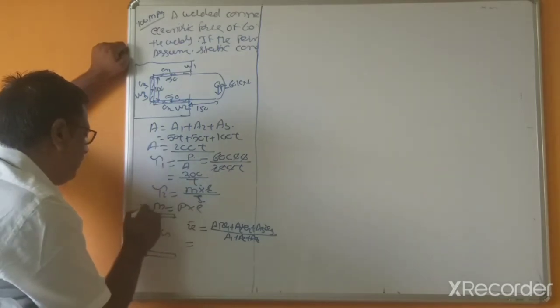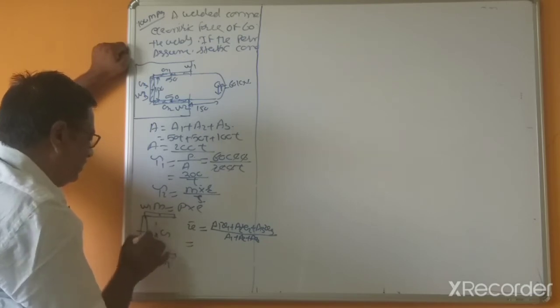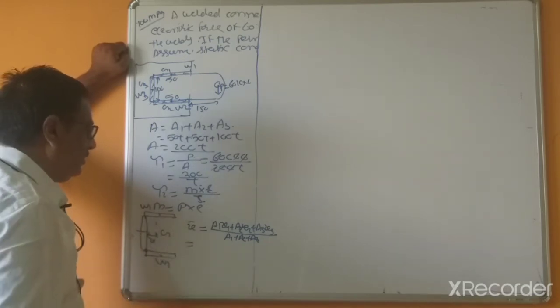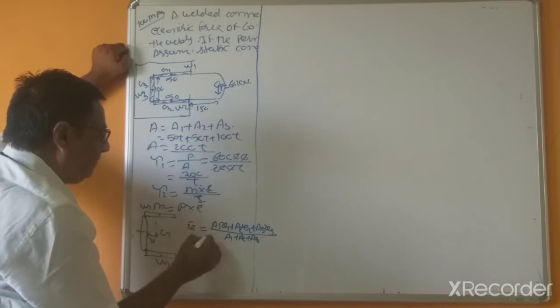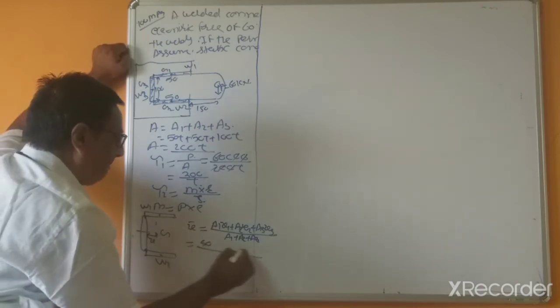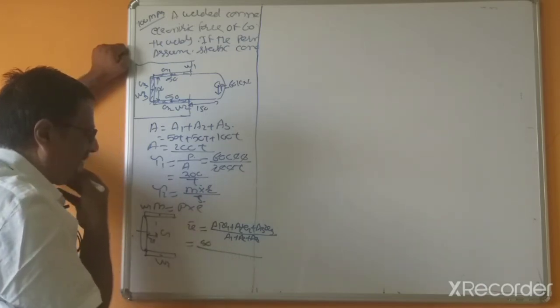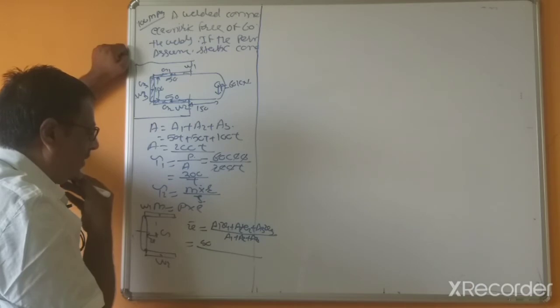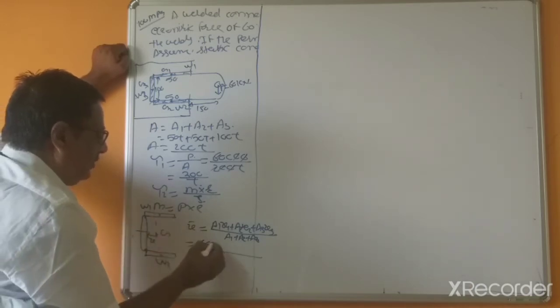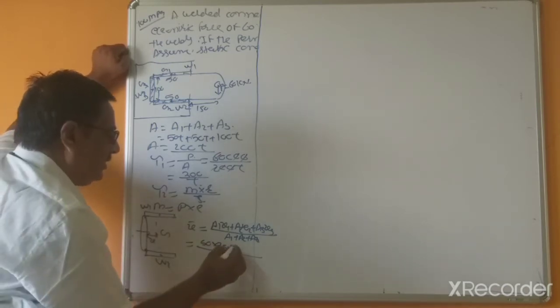This is first weld, this is second weld, and this is suppose the origin. So the area of the first weld is 50 multiplied by 25, and this is 100.